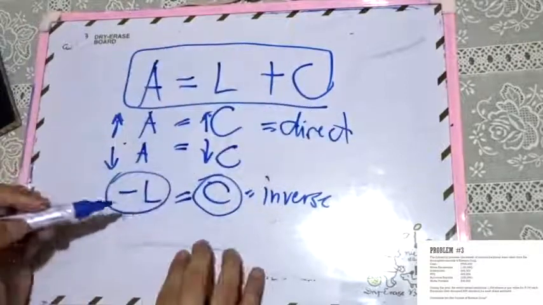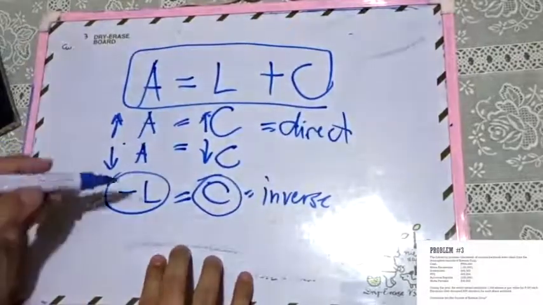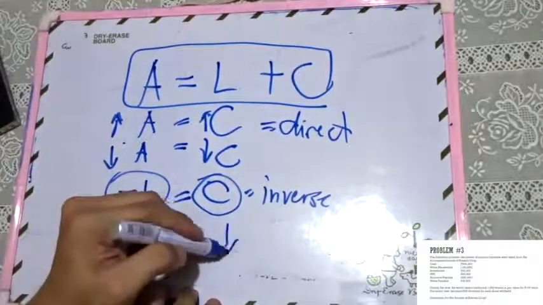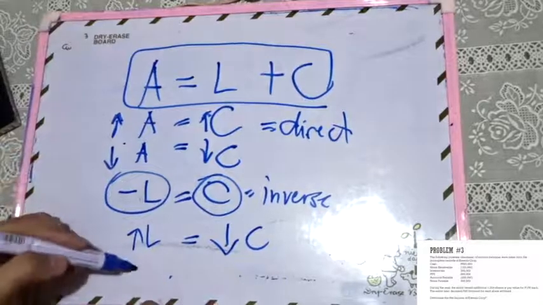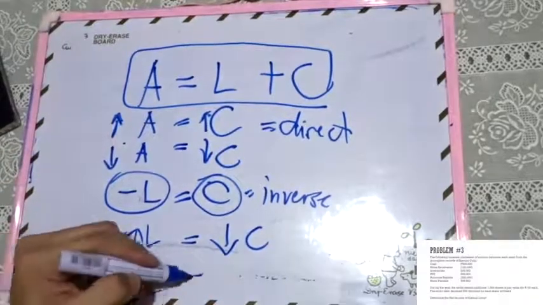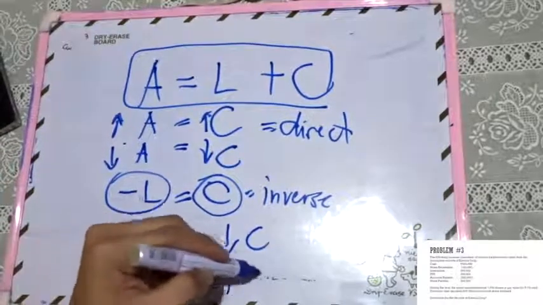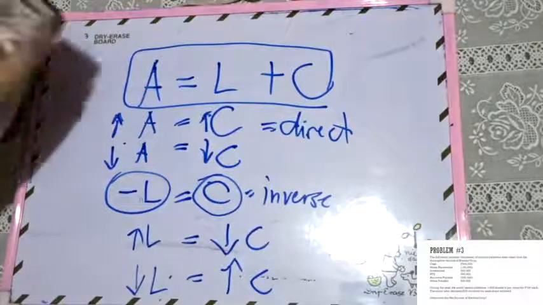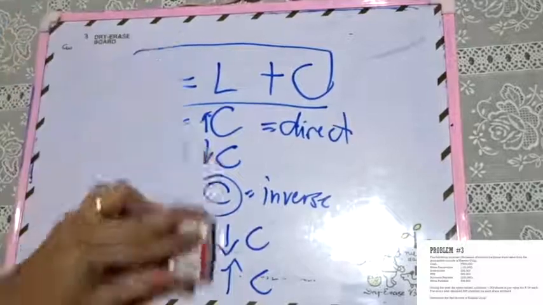Liability and capital is inverse. That would mean if there's an increase in liability, there would be a corresponding decrease in capital. If there's a decrease in liability, there will be a corresponding increase in capital. So we're going to apply that knowledge in answering this problem.